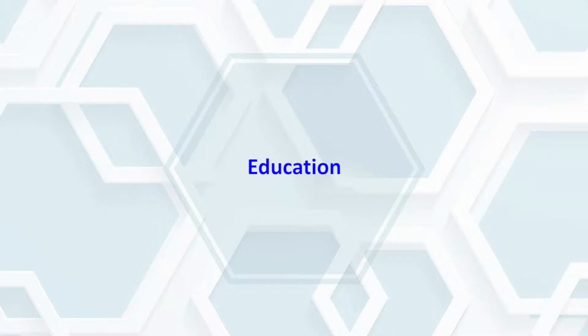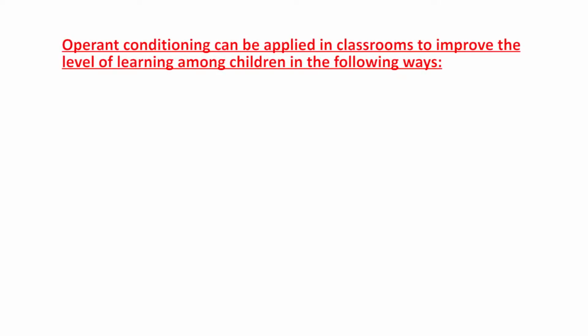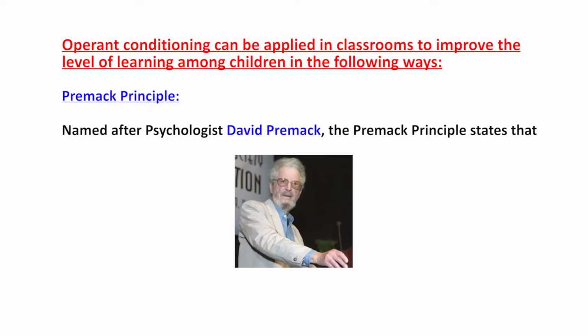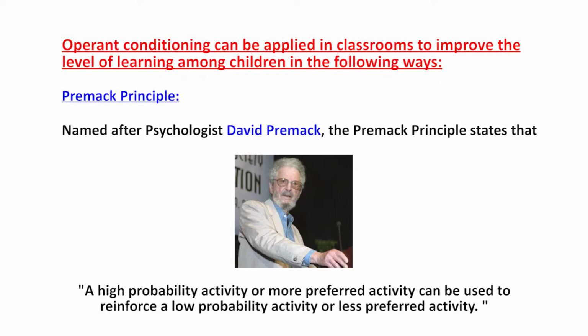The second important area is education. Operant conditioning can be applied in classrooms to improve the level of learning among children in two ways. One is the Premack principle and the second one is shaping. The Premack principle is named after a psychologist, David Premack. The Premack principle states that a high probability activity or more preferred activity can be used to reinforce a low probability activity or less preferred activity.